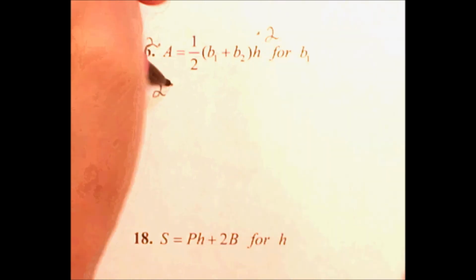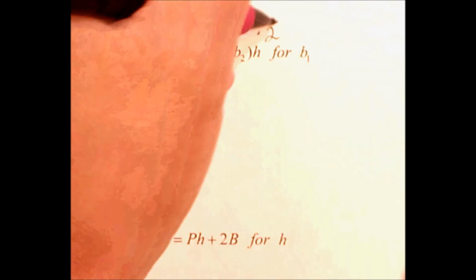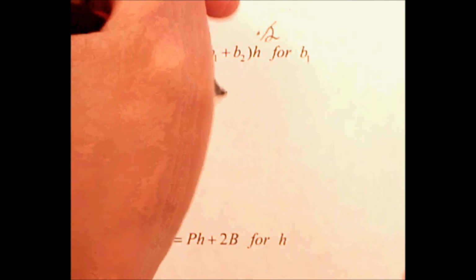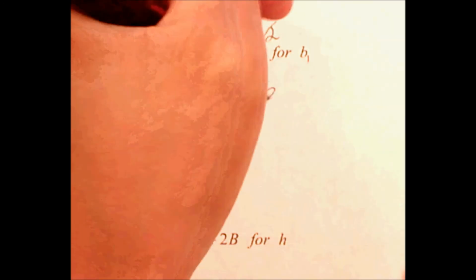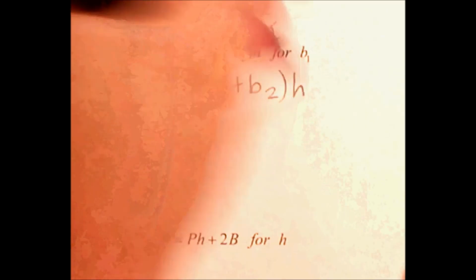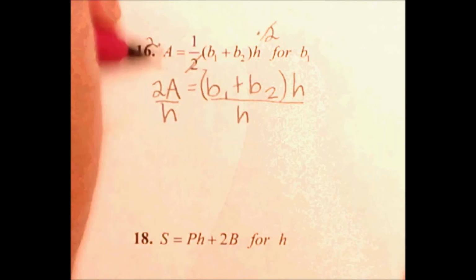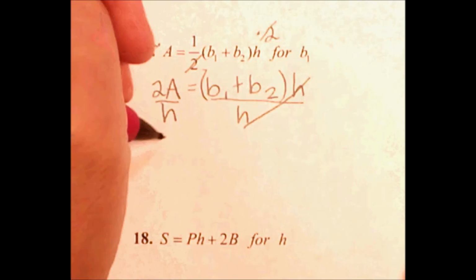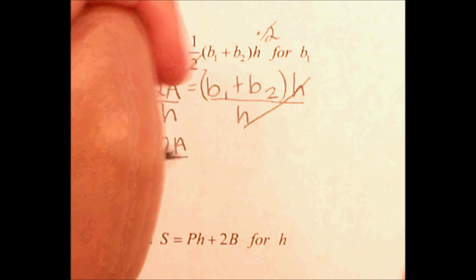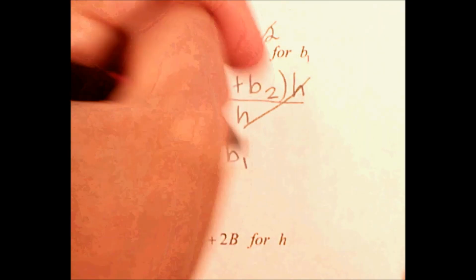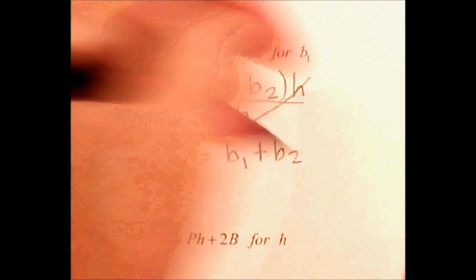That leaves me with 2a. This 2 cancels out with that 2. Equals b1 plus b2 times the height. I'm going to divide out the height from each side. So 2a over h equals b1 plus b2.